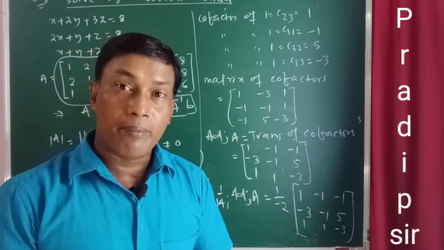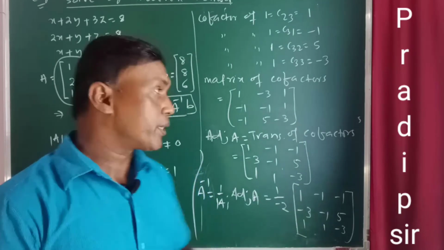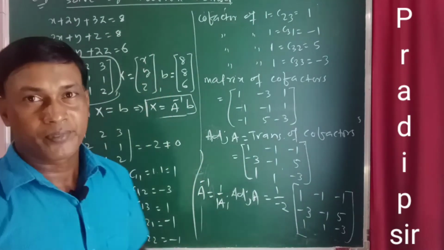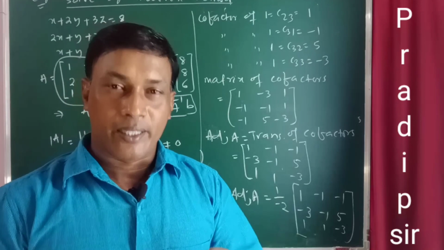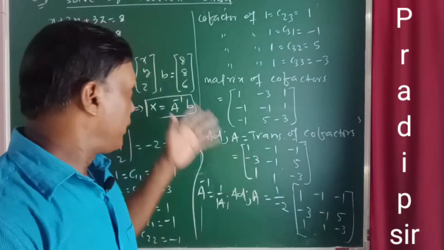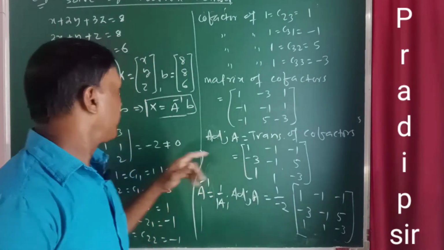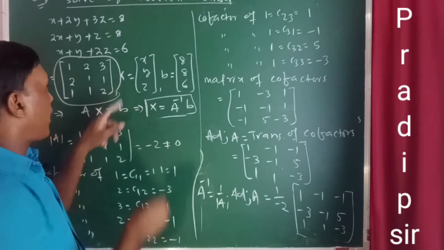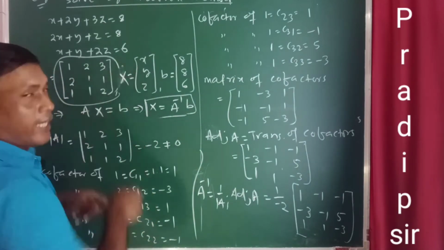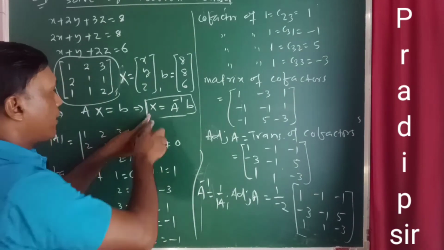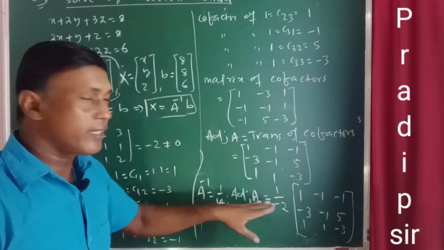But our main aim is to find the value of x, y, z to solve the linear equations. How can you solve the linear equations? In order to solve linear equations, we want to find the value of this matrix X, and for X we need A inverse B. Here is A inverse.